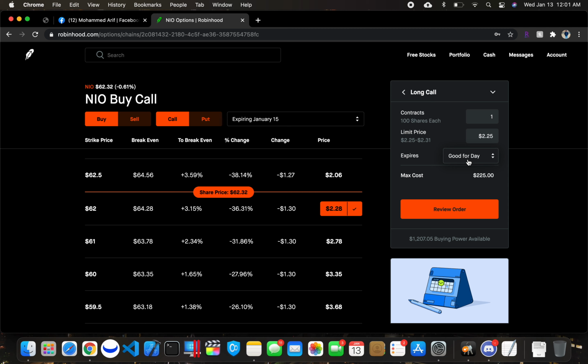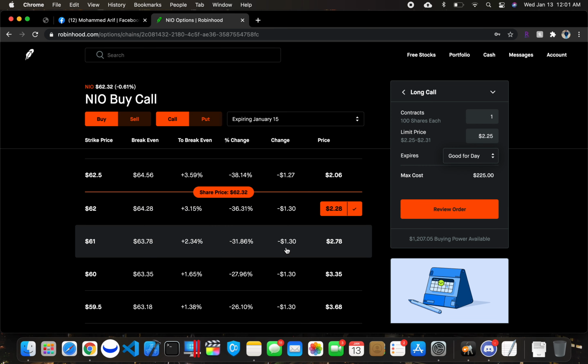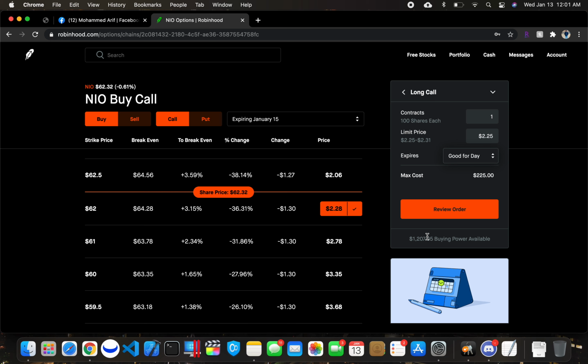This means this is good for the day. If your contract is not purchased, Robinhood will automatically cancel your order, and they will return your $225 back to your buying power. So if you see that it got rejected, it's because someone didn't sell for you to buy.